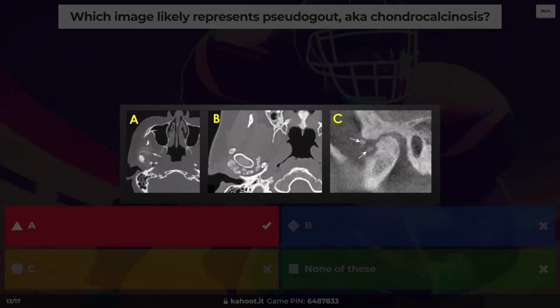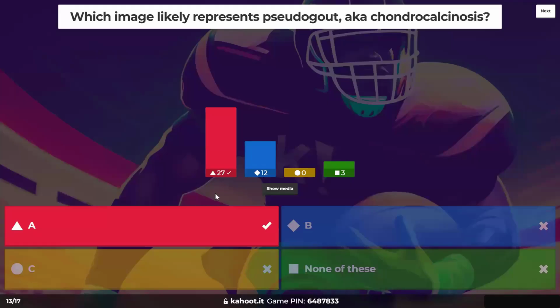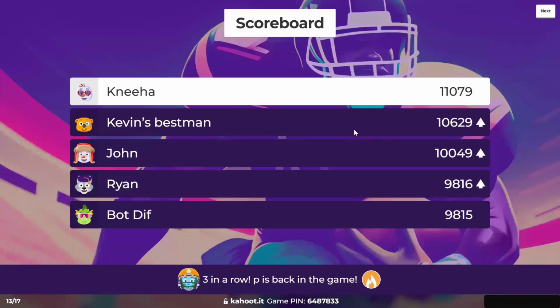Looks more ground glass. This is more particulate. Which is B? What disease? Synovial chondromatosis. Synovial, like synovial membrane. Chondromatosis. And then what's C? Joint mice. You see it in your head, the dancing mice.